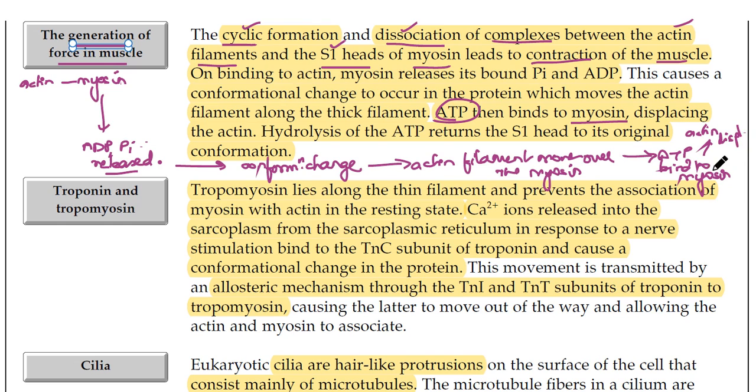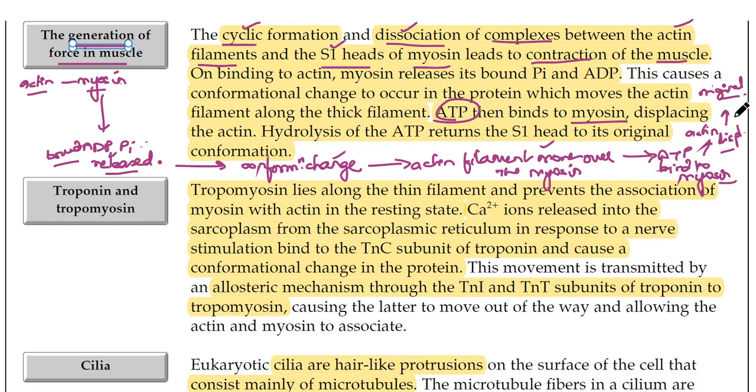When ATP binds to myosin, actin is displaced, as a result of which the original stage is returned. So once again I repeat: when actin binds with myosin, myosin releases its bound ADP and Pi. As a result there is a conformational change, and the actin filament slides over the myosin filament, after which ATP binds to myosin. Then actin is displaced from myosin and the S1 head returns to its original conformation.